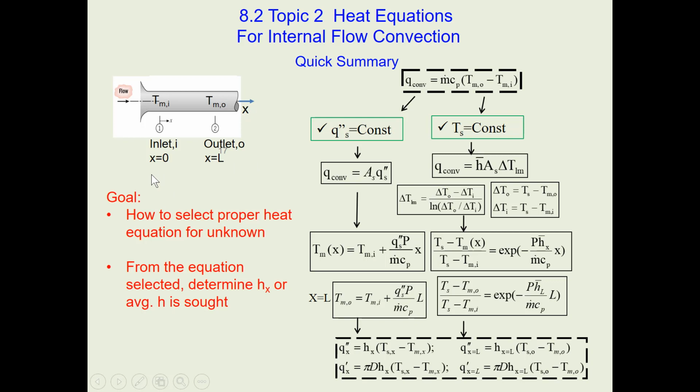Through examples, you learned how to select the proper equation for the unknown, and from the equation selected, you can determine whether the local or the averaged heat transfer coefficient is selected and will be solved using the roadmap in topic 3. See you next time.